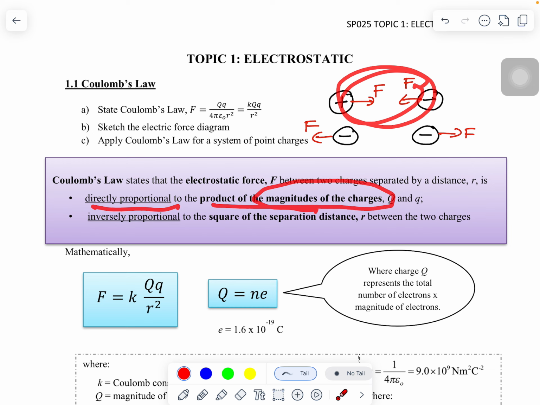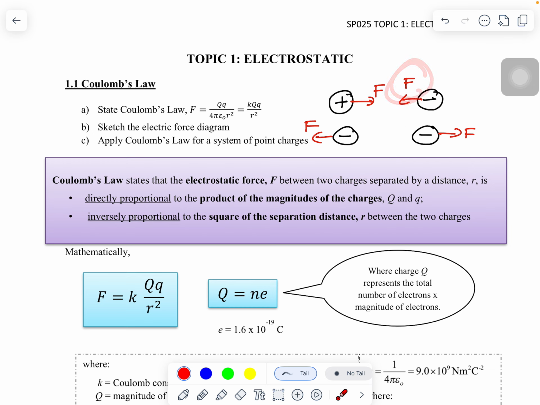Maksudnya makin besar kita punya charge, makin besarlah daya force yang terhasil. And then inversely proportional to the square separation. Okay, inverse maksudnya semakin dekat distance between the two charges, semakin kuat daya. Makin jauh, makin lemahlah daya yang terhasil.